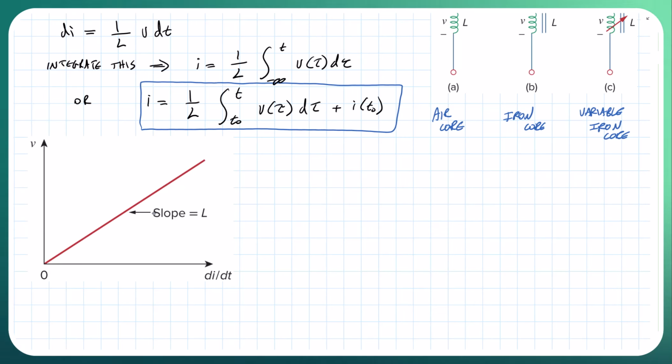And then we can look at the power delivered to the inductor.